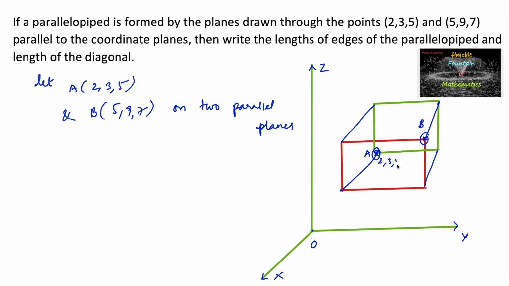Since the point is (2, 3, 5) and the other point is (5, 9, 7), we can just observe the coordinates along the x-axis. Considering the plane through the point A, whose x coordinate is 2, and the plane through the point B, where x is equal to 5, the distance between these 2 planes is the difference between them.